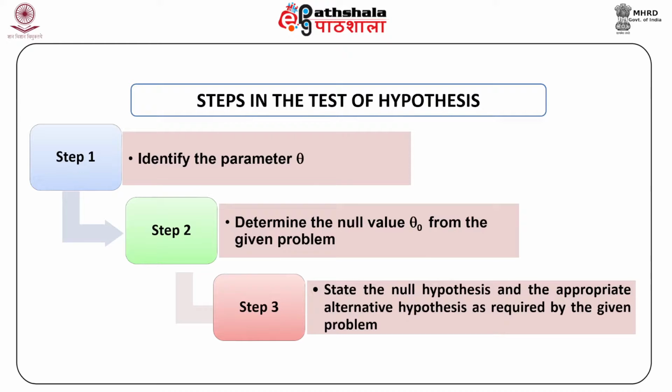The third step is to state the null hypothesis, which means write down H0, where we may say theta is equal to theta 0, and the appropriate alternative hypothesis as required by the given problem, which as said earlier could be a one-tail or a two-tail test, and which we know could be H1 where theta may be greater than theta 0, or H1 where theta may be less than theta 0, or H1 where theta is not equal to theta 0.